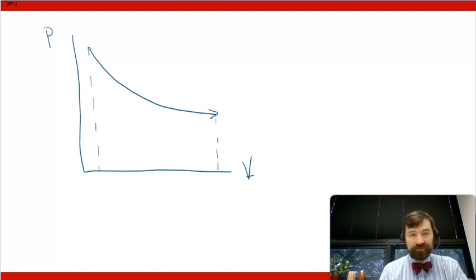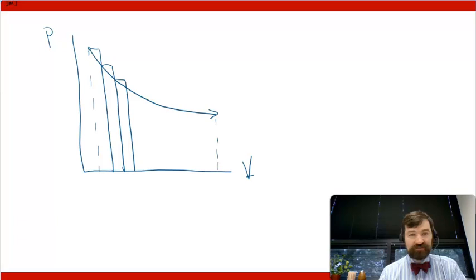And so the way that we might handle that is by approximating it with a series of rectangles. The rectangles I'm drawing here will kind of overestimate the work done, but you can draw a second set of rectangles and get their area and underestimate it and then average the two.